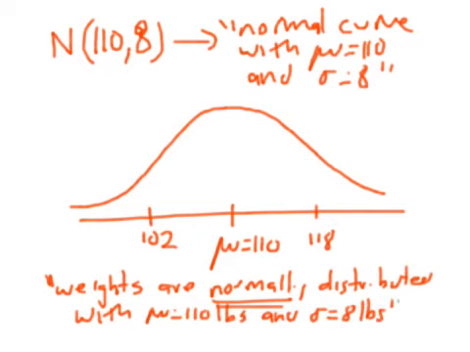Things like weight and height often end up being normally distributed. We've got a lot of people that weigh about the same, a few really heavy people, a few really light people. Heights, most people have about the same height, a few tall people, a few short people, distributed like that. SAT scores, test scores often are normally distributed.